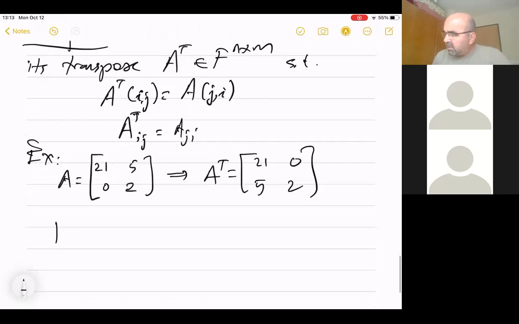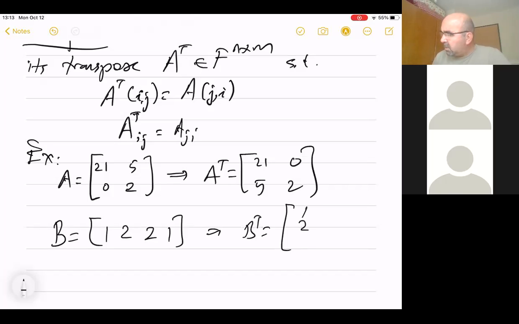If you have another matrix, for example, 1, 2, then its transpose is the column 1, 2. There's only one row, and in the transpose there's only one column. Okay, that's transpose.